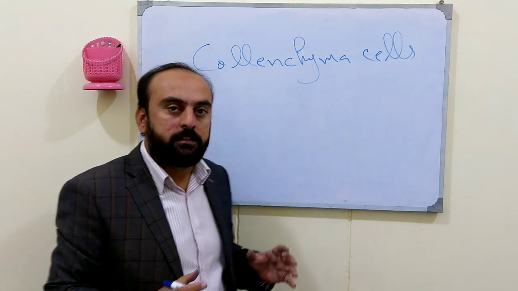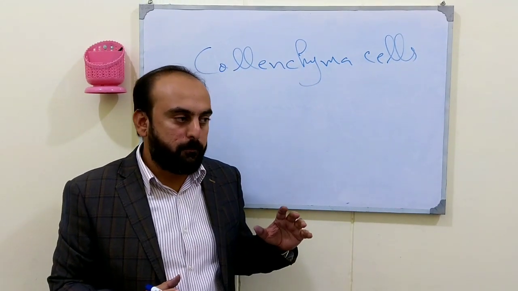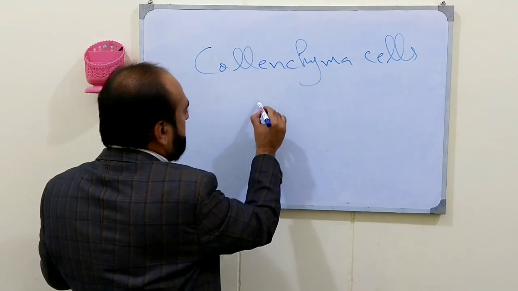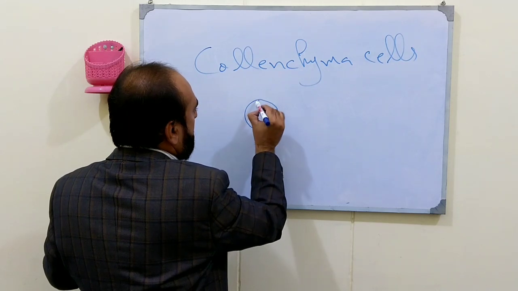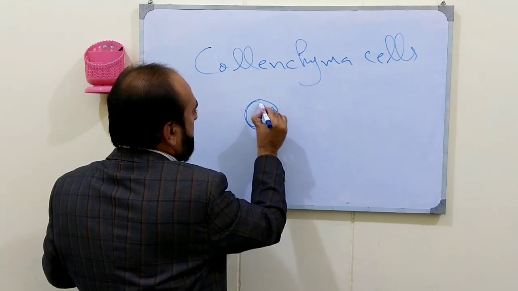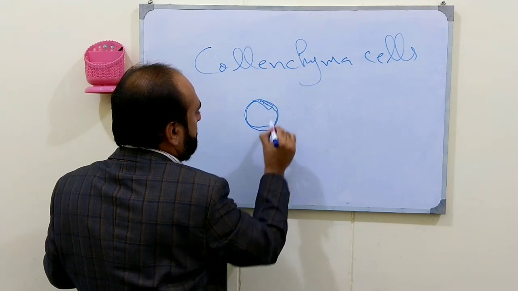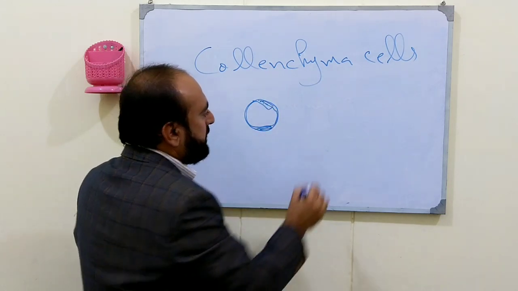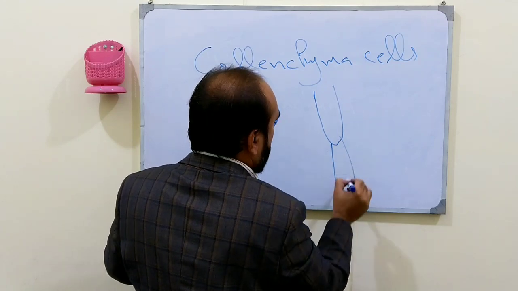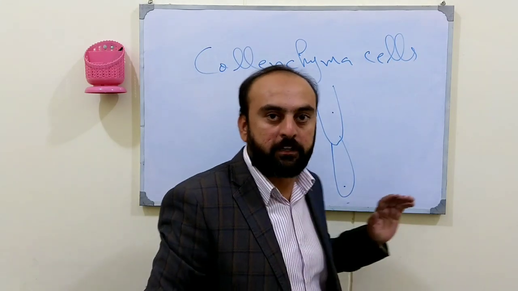Collenchyma cells are similar to parenchyma cells, but their walls are thicker and uneven, and their cells are more elongated than the parenchyma cells.